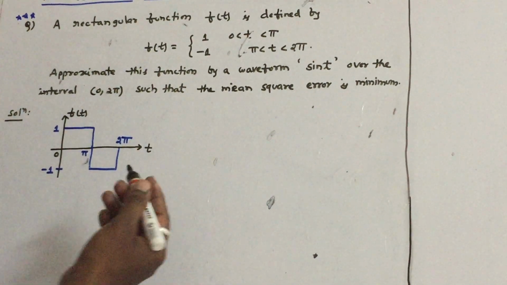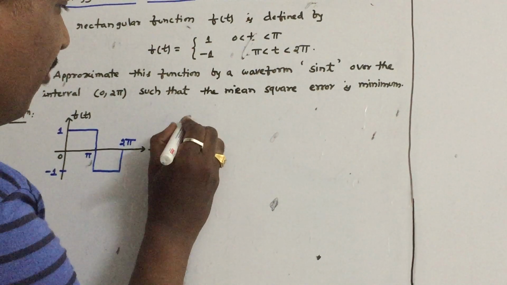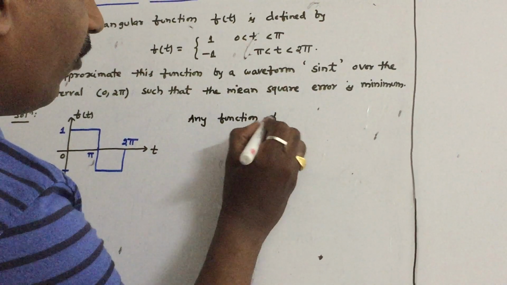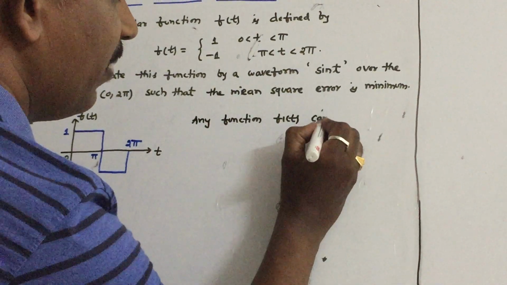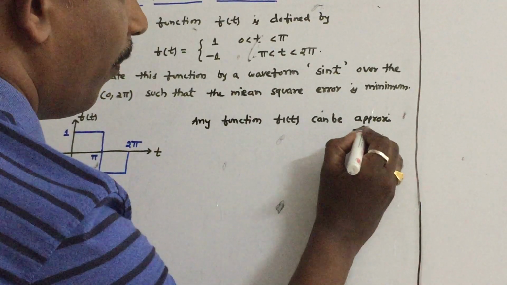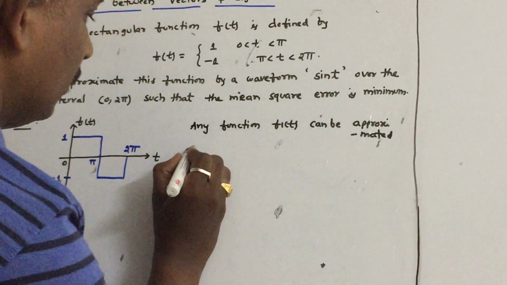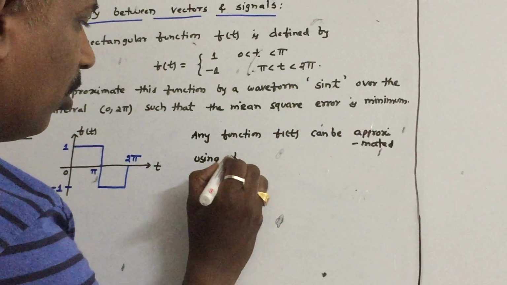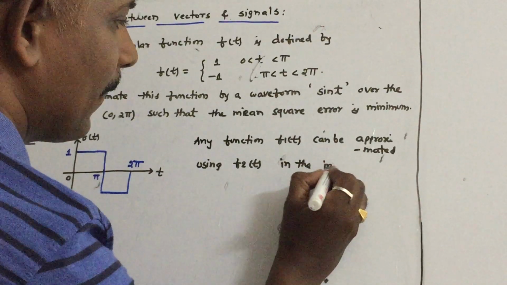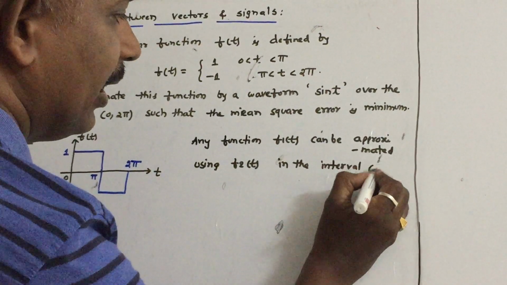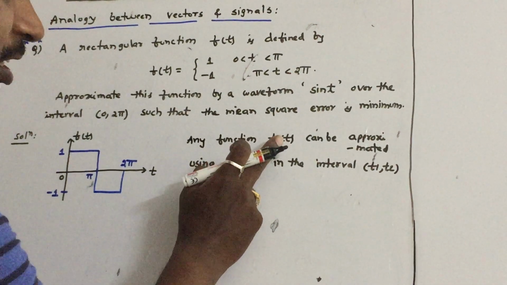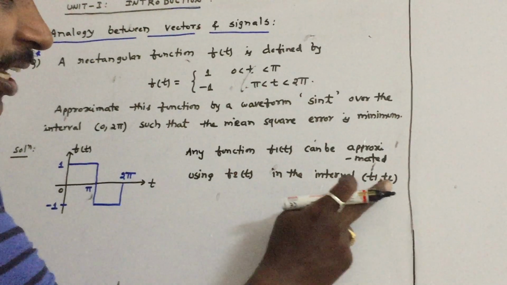So let us recall what we have discussed previously. Consider two functions f1 of t and f2 of t in the interval t1 to t2.